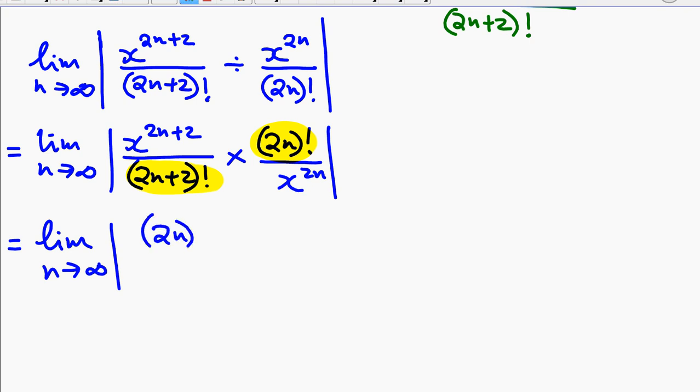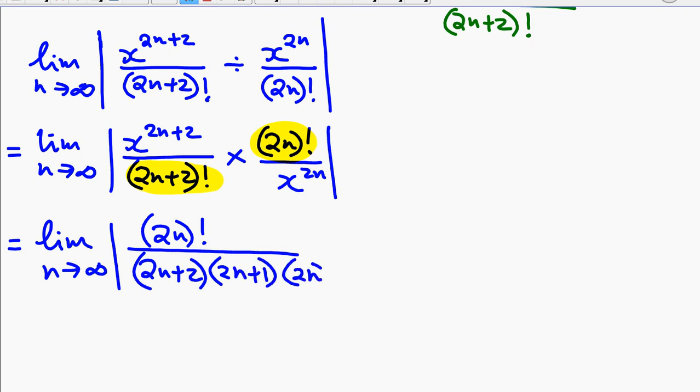(2n) factorial over, I can expand this denominator to have (2n+2) multiplied by (2n+1) multiplied by (2n) factorial, multiplied by x. And for this second term, I can just simplify it using indices.